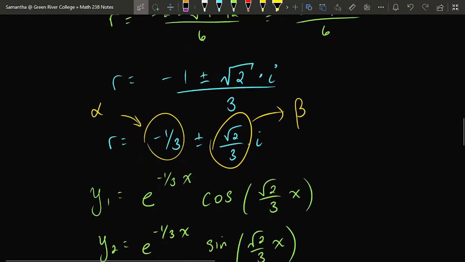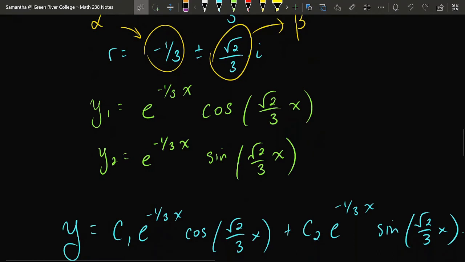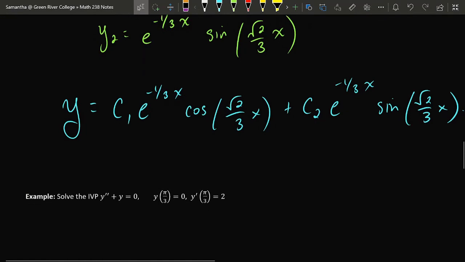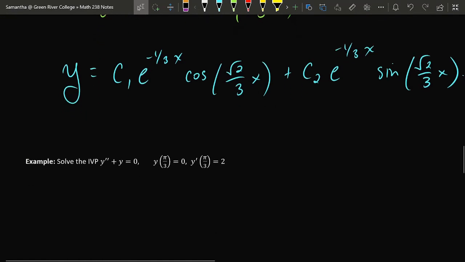Then use that alpha and that beta to construct our two linearly independent solutions according to the rule given in the theorem above, e to the alpha x, and then cosine of beta x or sine of beta x. Then use those two solutions to build up our general formula for any solution to the differential equation.